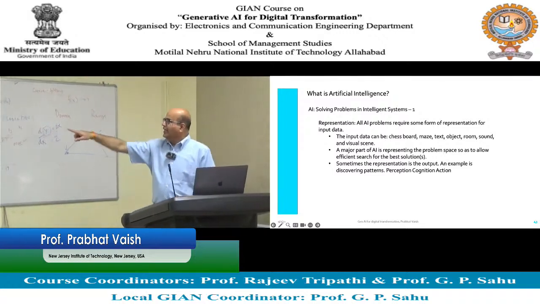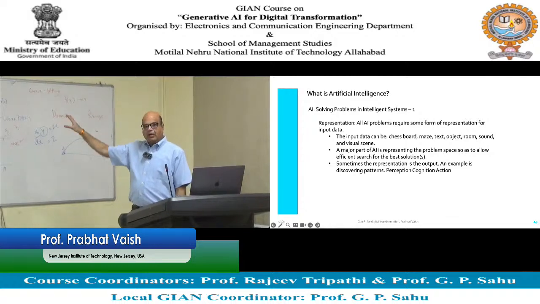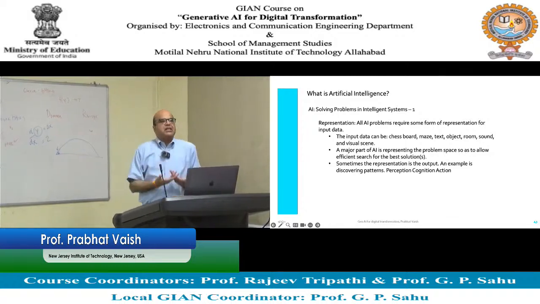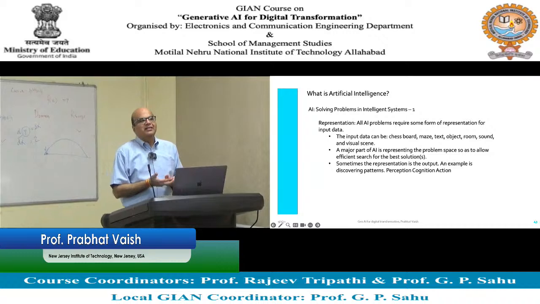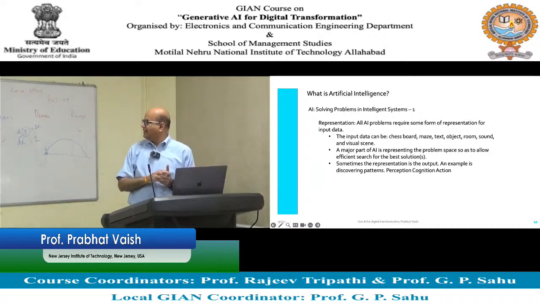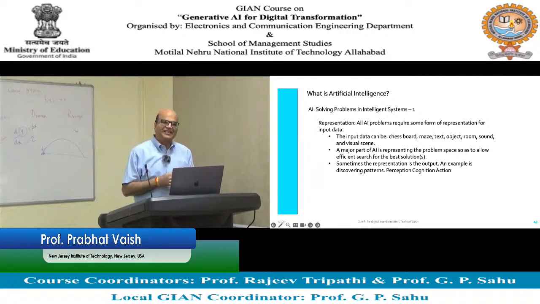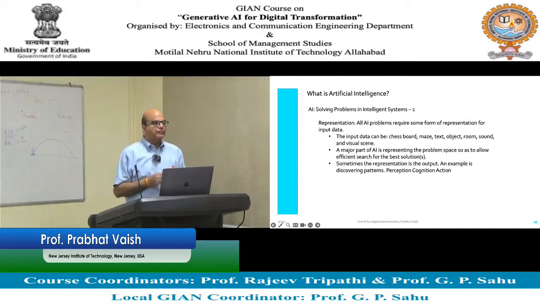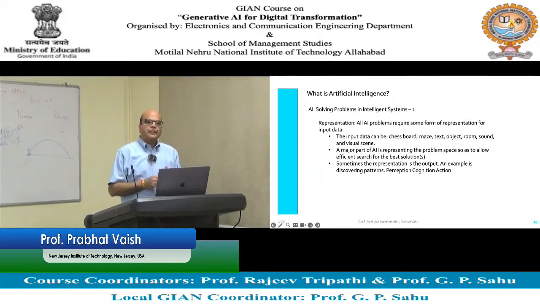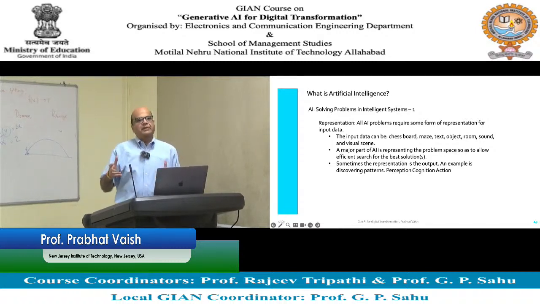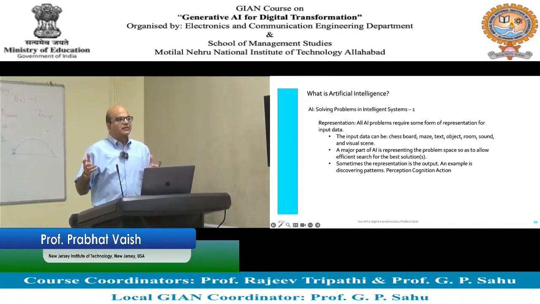And then sometimes you need an output from that search. Sometimes the representation itself is an output. Does it have the answer? Okay, not a specific one. When the representation itself is the output, can someone imagine? Let's say the intelligent system that you are developing is the software for a robot.